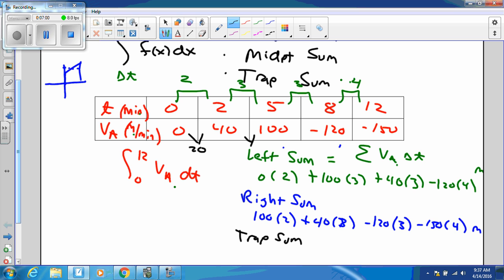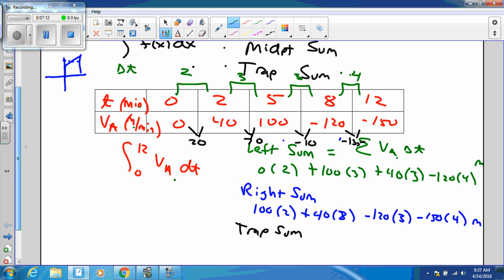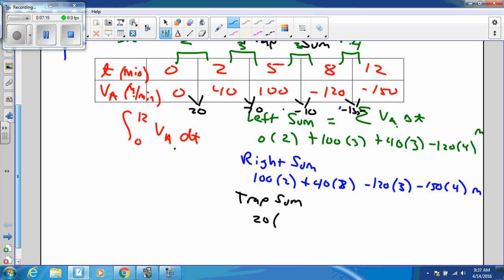So the average here is 20. The average here is going to be 70. The average here is going to be negative 10. And the average here is going to be negative 135. And so we have average height times width is 20 times 2 plus 70 times 3, right?